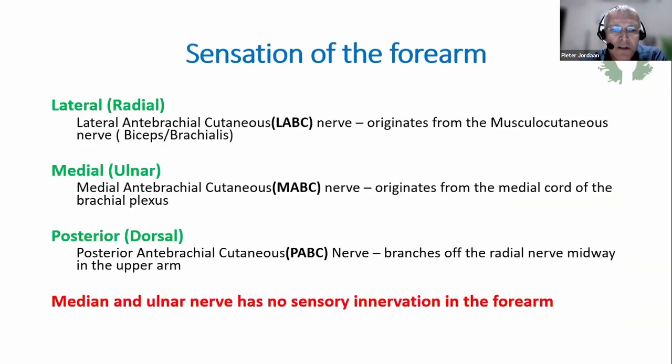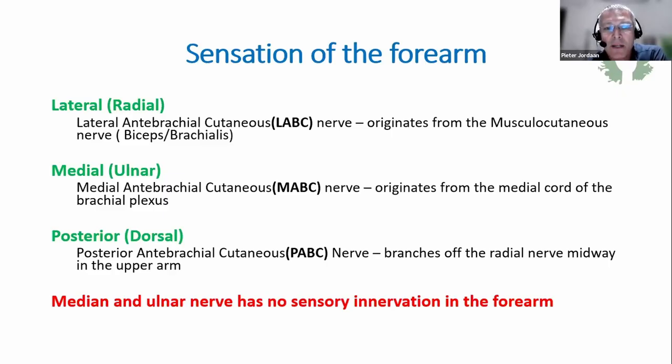In terms of sensation of the forearm, the reason I'm putting this in is because often there's confusion about this. So the lateral or radial side of the forearm is innervated by the lateral antebrachial cutaneous nerve. This originates from the musculocutaneous nerve, which supplies as motor function the biceps and brachialis. The medial or ulnar side of the forearm is the medial antebrachial cutaneous nerve.